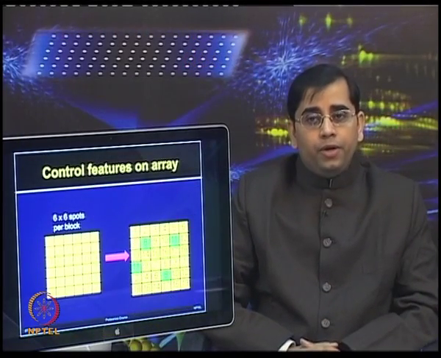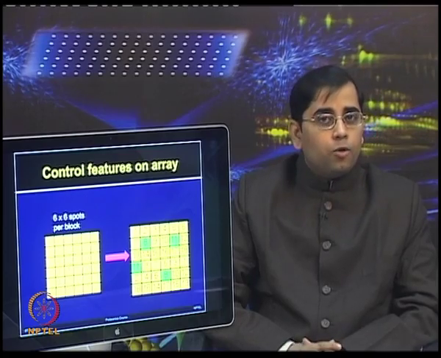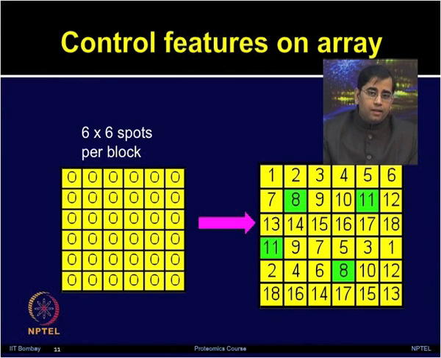So, just an expanded view here of 6 by 6 spots per block. So, these are the small blocks and obviously, on the big array you have several features. Yellow shows the genes and green shows the control features.